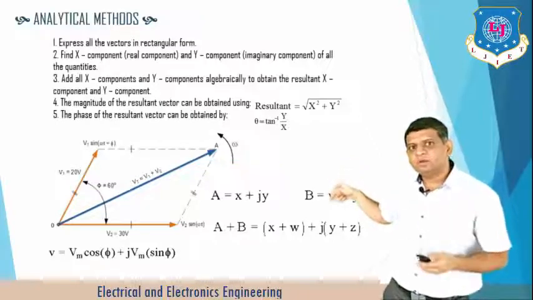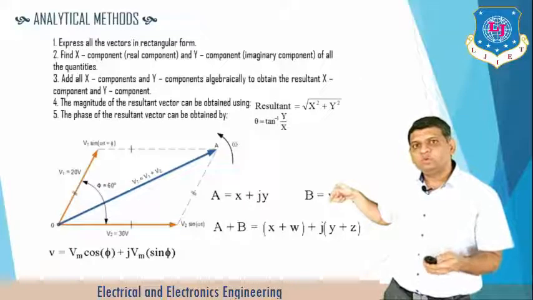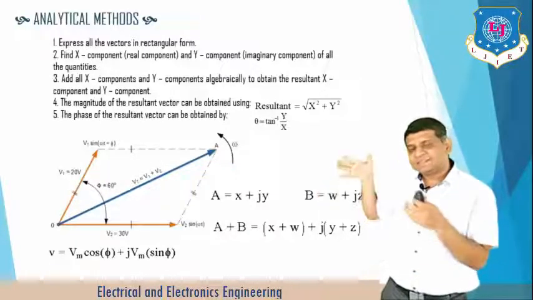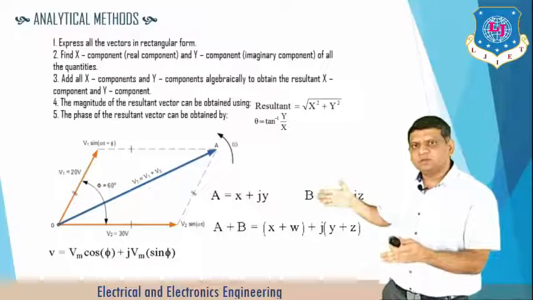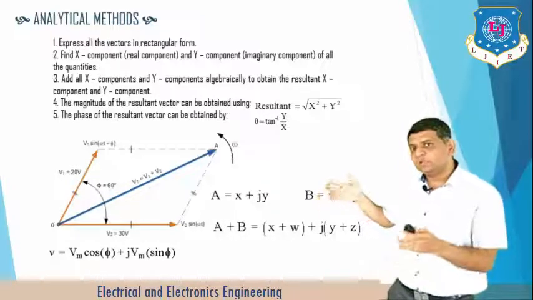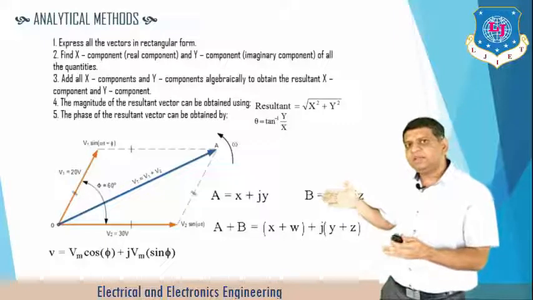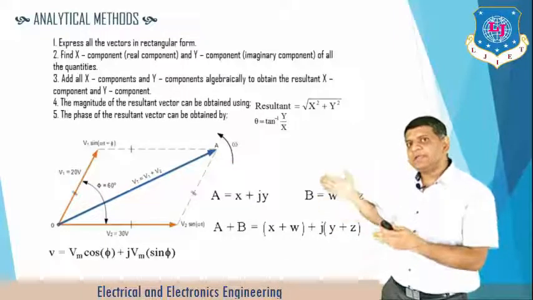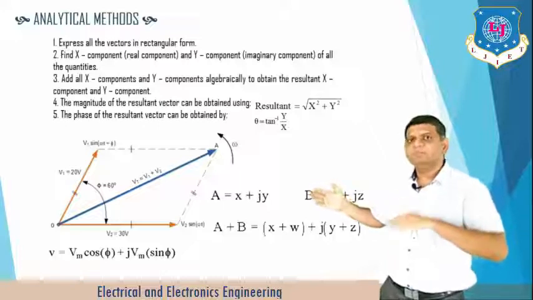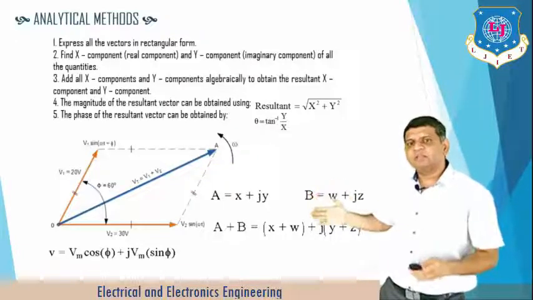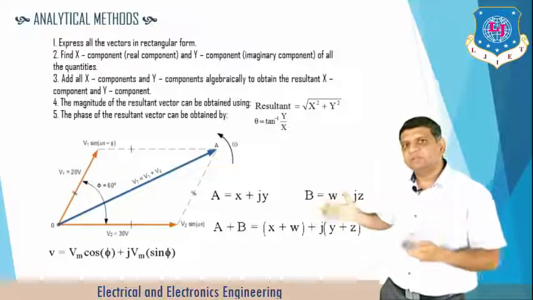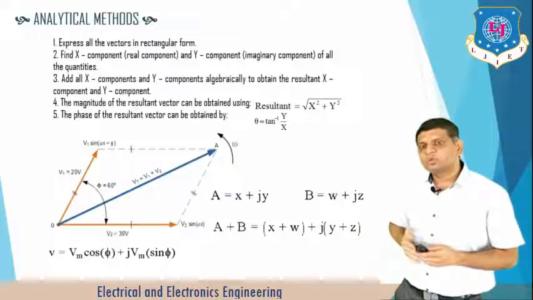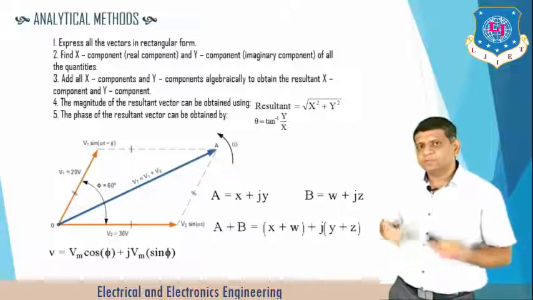So here my diagonal is nothing but total V is equal to V1 plus V2, having the angle of theta. The resultant value of the vector in terms of magnitude is equal to under root x square plus y square, and the resultant angle with the reference vector is theta, equal to tan inverse y by x, right? Based on this we can also discuss more examples later on.